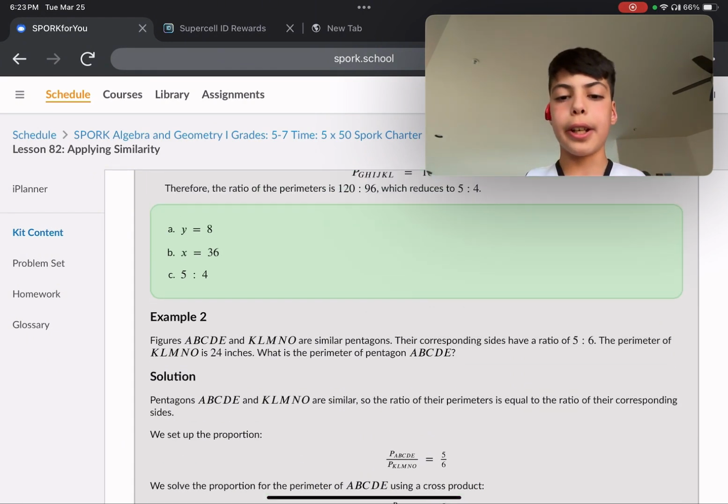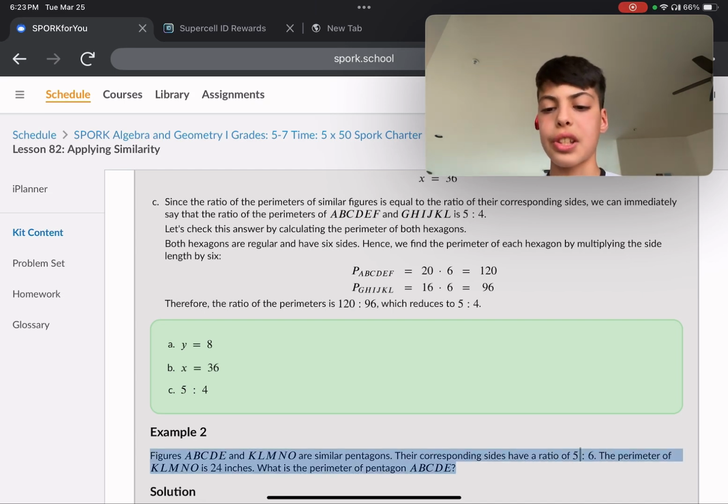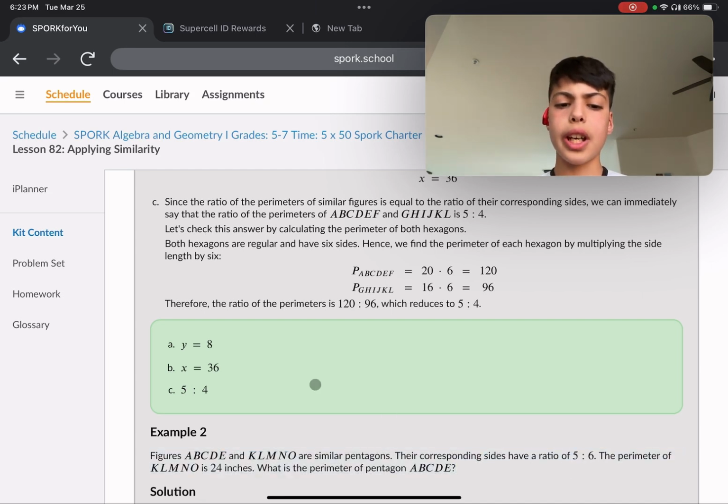What we would do here is just 24 times 5 over 6, and we would get 20. We would use the similarity ratio given to us here, and since KLMNO has the value of 6, because remember in the last video we said the numbers correspond to which order the shapes are put in.